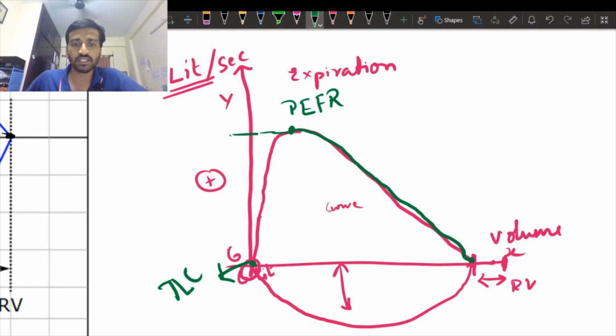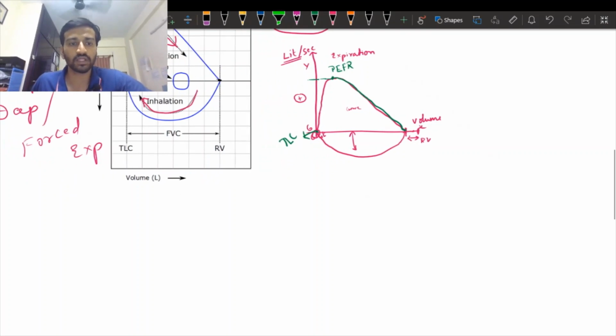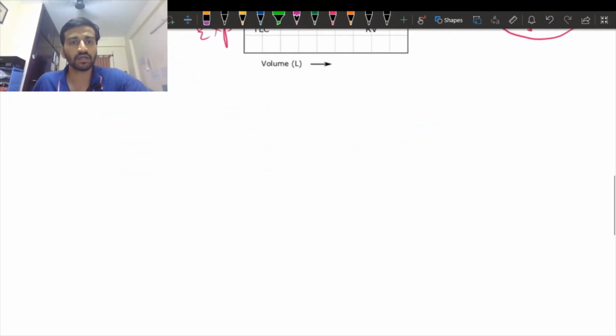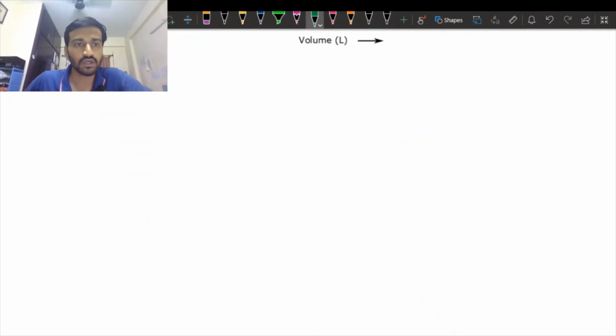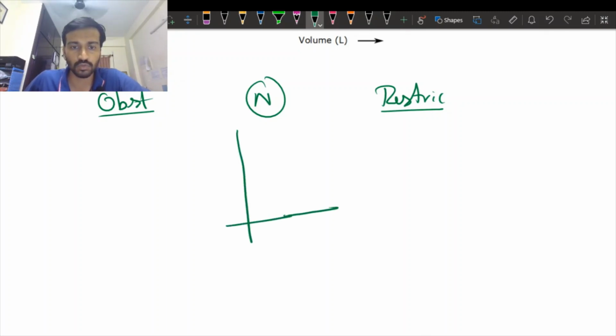There are two classes of diseases, right? What are they? Obstructive and restrictive lung diseases. In center, we write normal. Here, what is happening? In the normal, you have this loop, right? This loop. In obstructive disease, what is happening? Where is the problem?